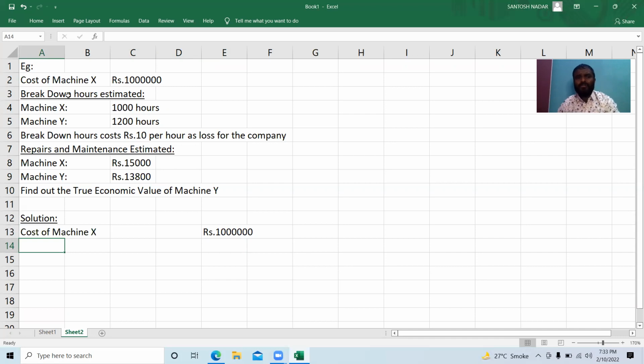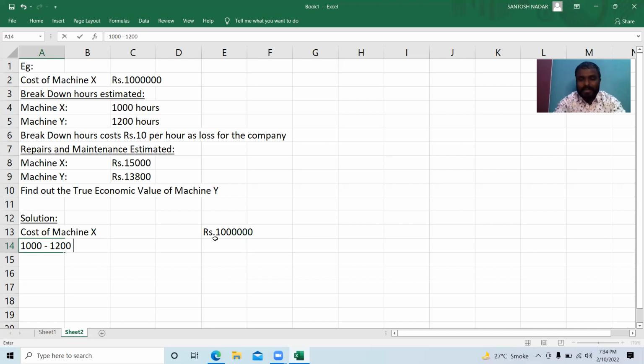Let us first focus on the first part, that is the breakdown hours. Machine X gives breakdown hours of 1000, whereas machine Y gives breakdown hours of 1200. That means machine Y has 200 more breakdown hours as compared to machine X. That means the customer will be affected because of this. So we will say, do not worry, we will reduce our price to the extent to which you are expected to incur a loss because of our greater number of machine breakdown hours.